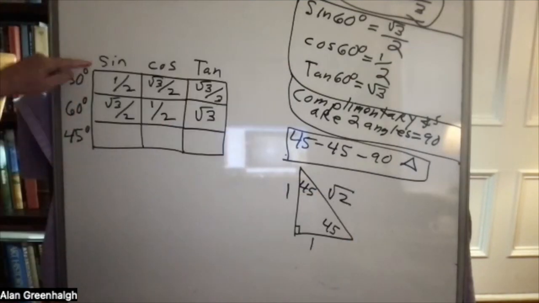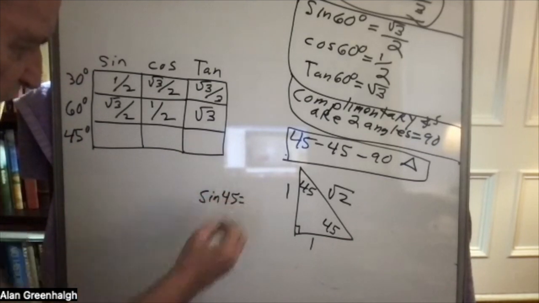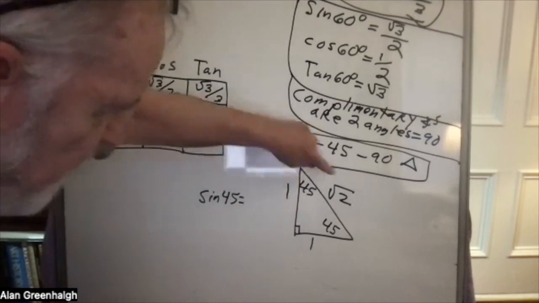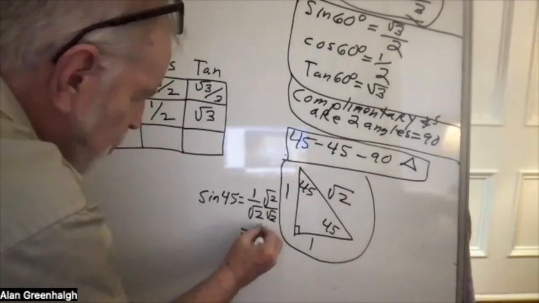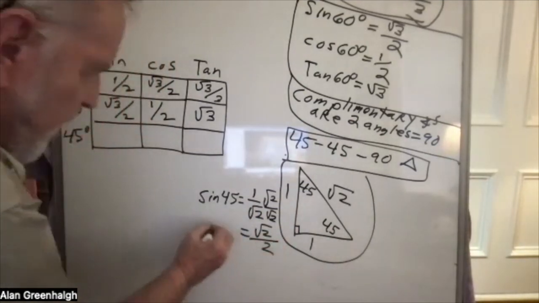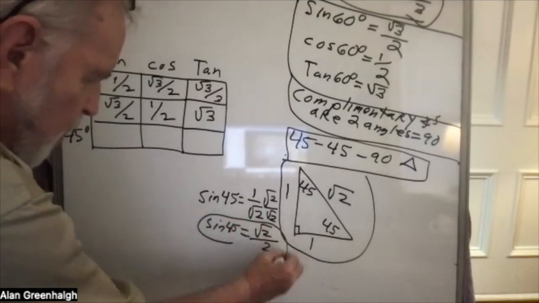So the sine of 45 degrees is equal to 1 divided by the square root of 2. The square root of 2/2. The sine of 45 is the square root of 2/2.